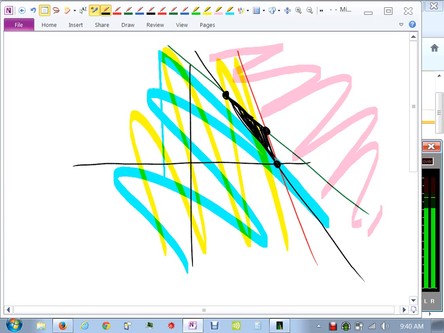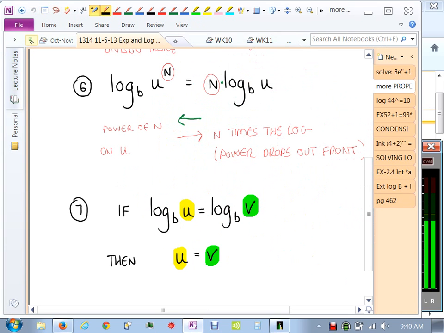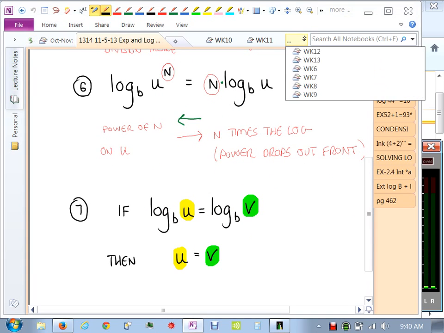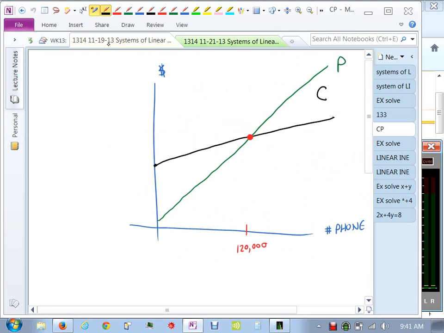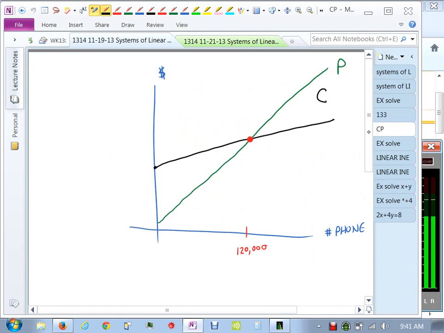All right. I do have one correction. I did something last class that was incorrect in my wording, so I just want to correct it real quick. Week 13. Do you remember this example where I was saying, where would you ever want to know that intersection point? And I was talking about profit and cost. Technically, I should have said revenue and cost.